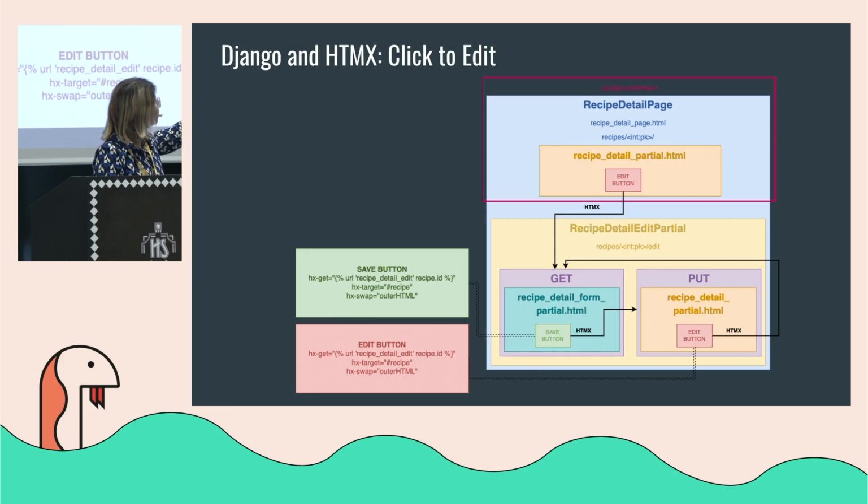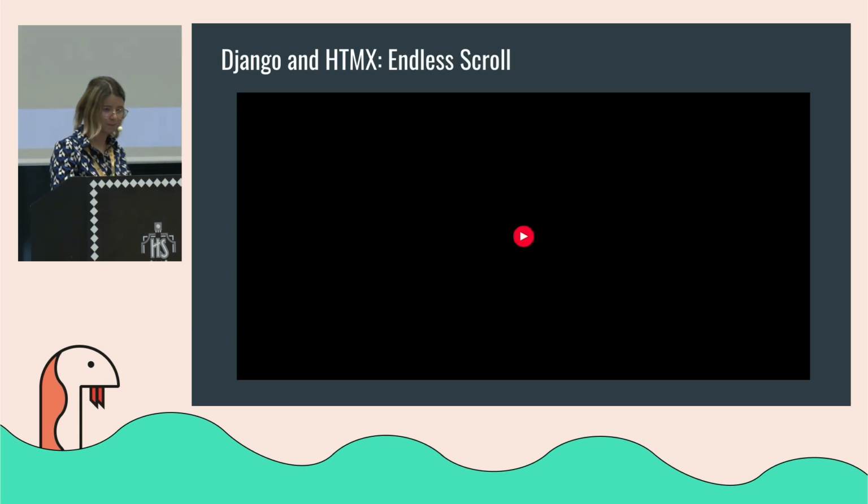And once the user clicks the save button, the put request is made to the same URL. But this time the partial template of the detail is returned. And the user, from their view, is actually back to where they started. We know that we came back to this point by a very different road. This is also important to understand. You get the same look, but the way you get it is different.